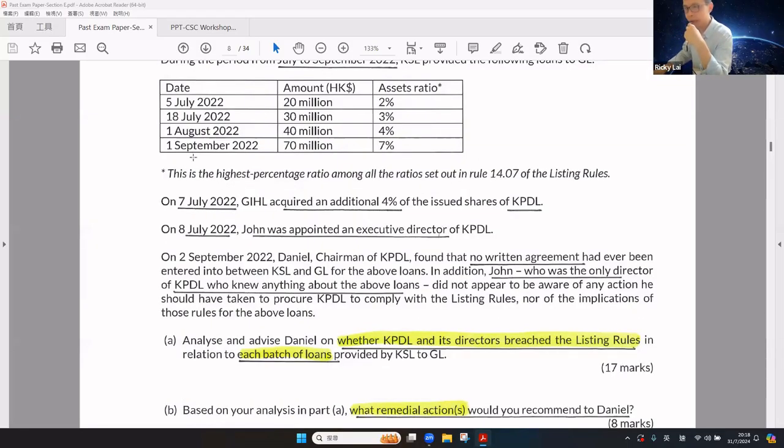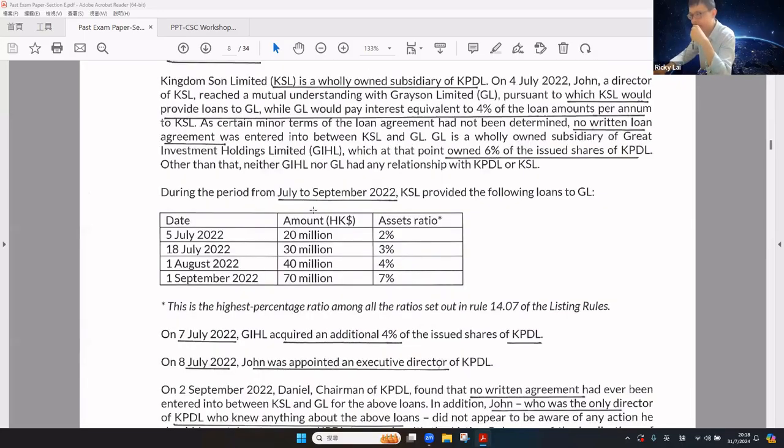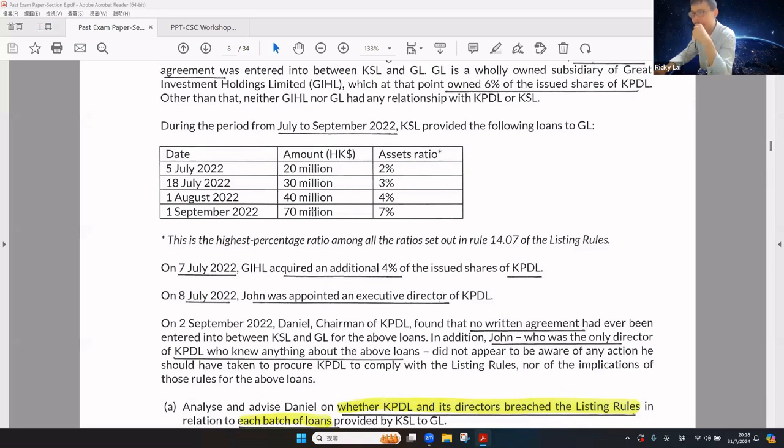Okay, between the dates of the 4 batches of loan, on July 7, that is after the first batch of loan, GIHL acquired an additional 4% in the listed company. This means that 6% plus 4%, so GIHL holds 10% in the listed company. What is the implication here?